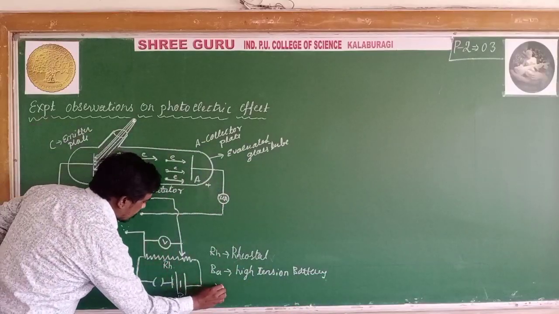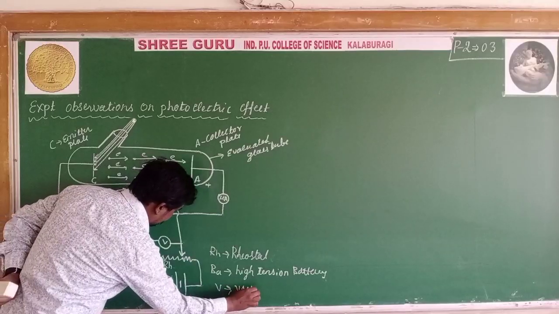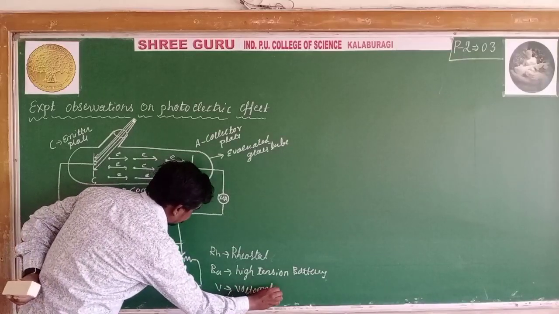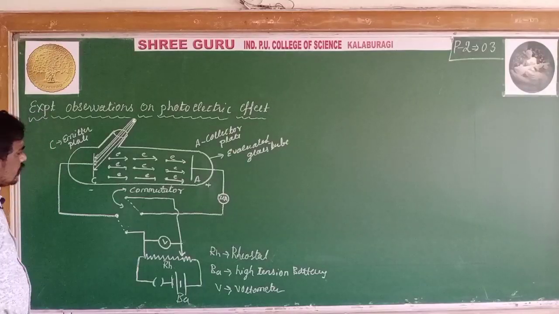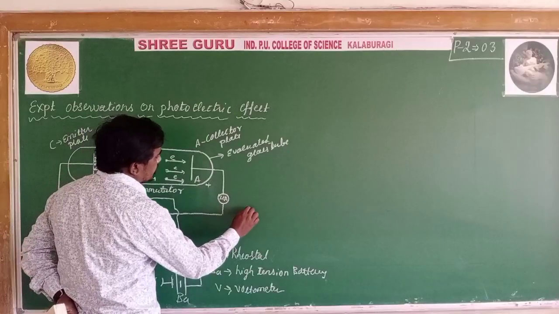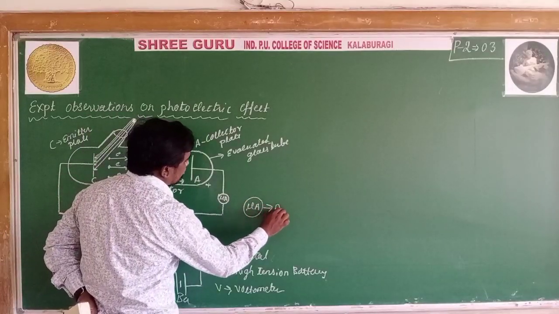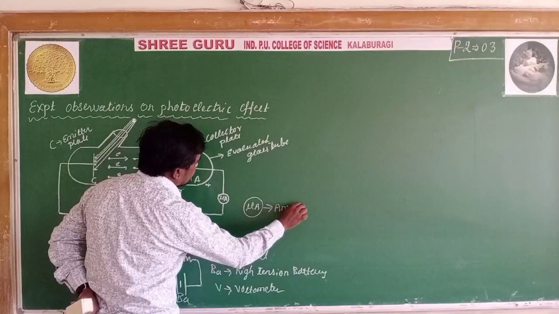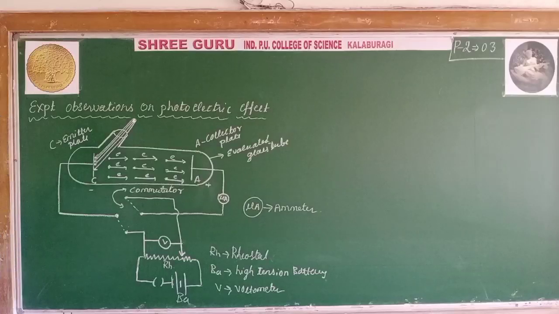This V is called the voltmeter. And this microammeter is a device used to measure the electric current in the circuit.